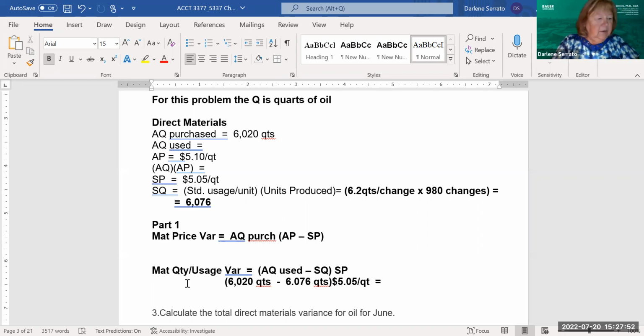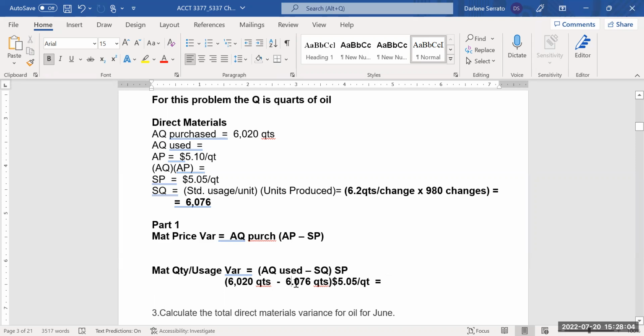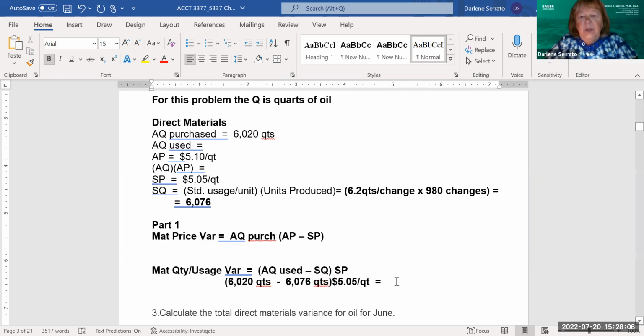And that's going to give us favorable or unfavorable. Actual was less than standard. So we know it's going to be favorable. And then we have to have the dollar amount. And that's going to be $282.80.